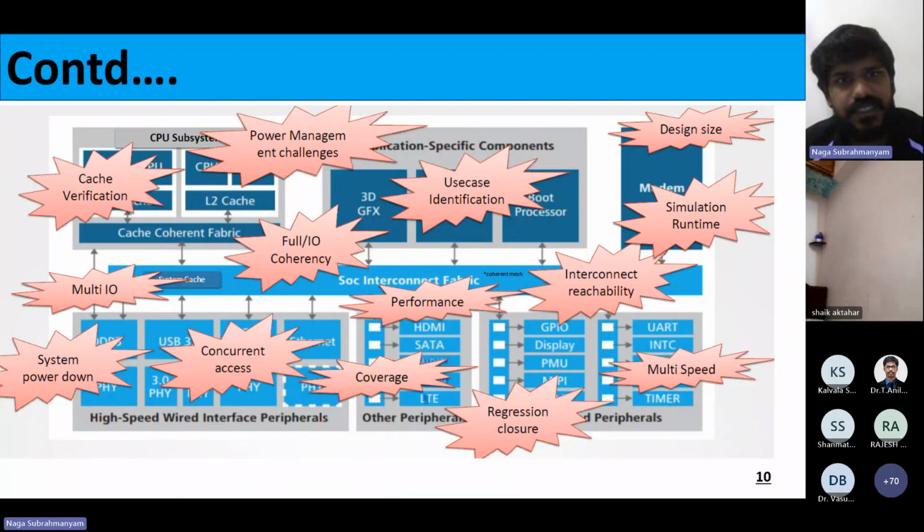So these are the various things which come with verifying the SOC. The SOC size can be very big, but that does not mean it is a big chip.